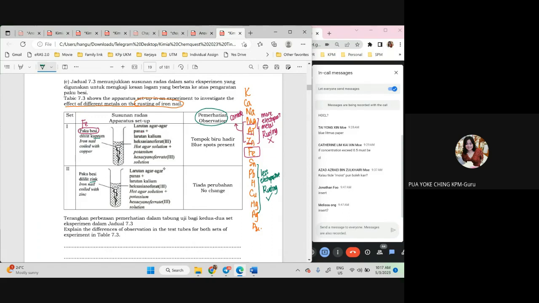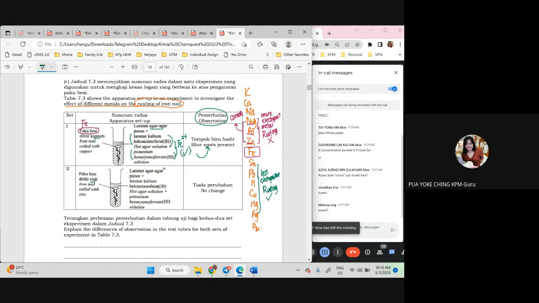Untuk eksperimen ini, dia mesti letak dalam agar-agar and then dia masukkan larutan kalium heksasianoferat(III). Potassium hexacyanoferrate(III). Benda ni adalah untuk test Fe2+. Kalau ada Fe2+, you akan dapat tompok biru.